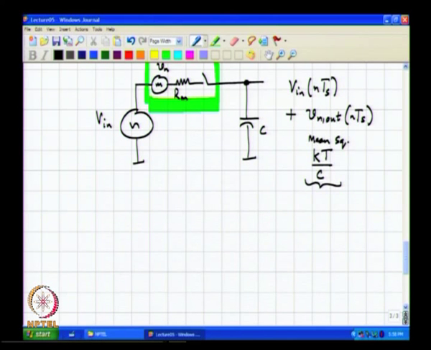The next time again you close the switch to get into the track mode and you open the switch again, now you will have another value for the noise. Can you comment on the correlation between the noise you had earlier in the previous cycle with the noise you had in this cycle?